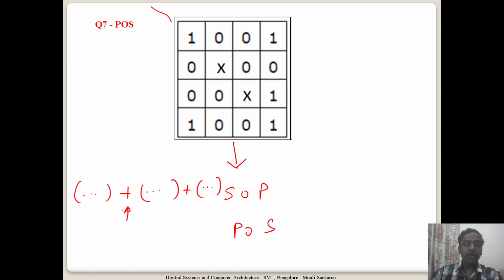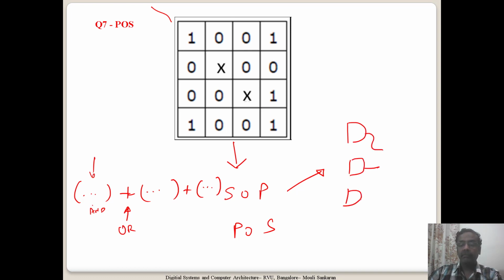Now, sum of products. I am doing a sum of product terms. Product terms is AND operation, and sum is OR operation. That means this is going to give me a circuit which is performing an AND operation of all the given terms and then performing an OR operation.